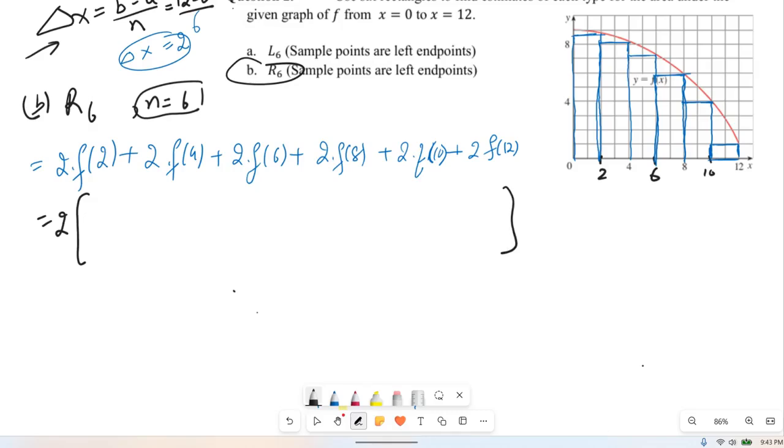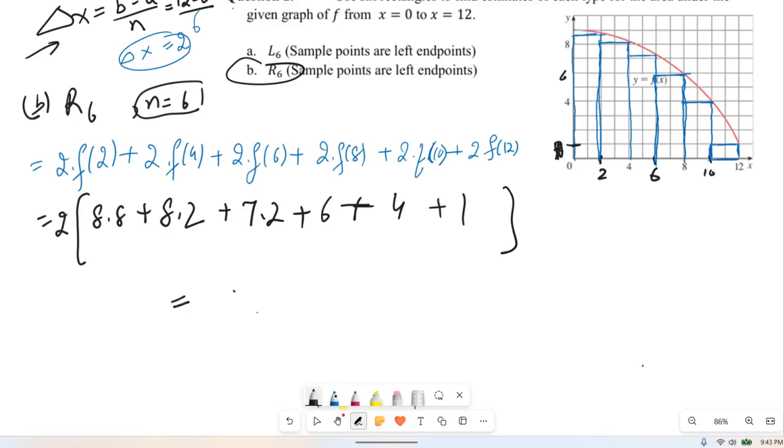As we guessed earlier, f of 2 seems like 8.8, f of 4 seems like 8.2, f of 6 seems like 7.2, f of 8 is approximately 6, f of 10 is approximately 4, and f of 12 is approximately 1. So we add all of these numbers and multiply by 2.